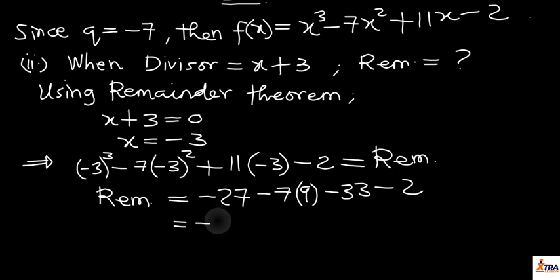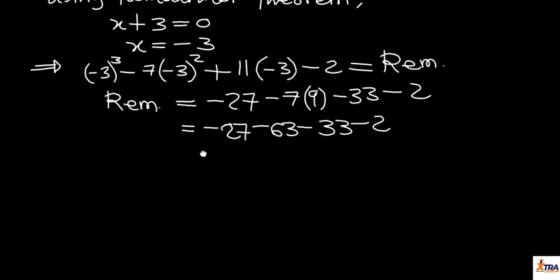This gives me minus 27, minus 7 times 9, that's minus 63, minus 33, minus 2. Simplifying this further, minus 27 minus 63 is minus 90, minus 35, giving me minus 125.